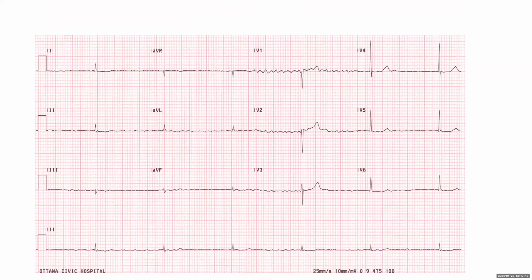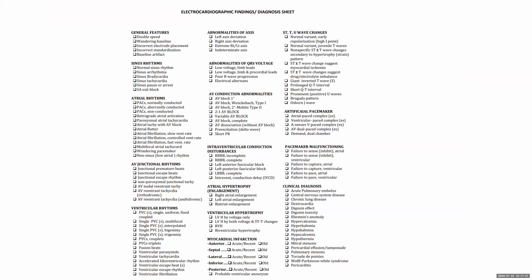There was a question. Why code left axis deviation? Excellent question. You guys tell me, why do we code left axis deviation and left anterior fascicular block? Can you have left axis deviation without left anterior fascicular block? Yes. Can you give me an example of that?